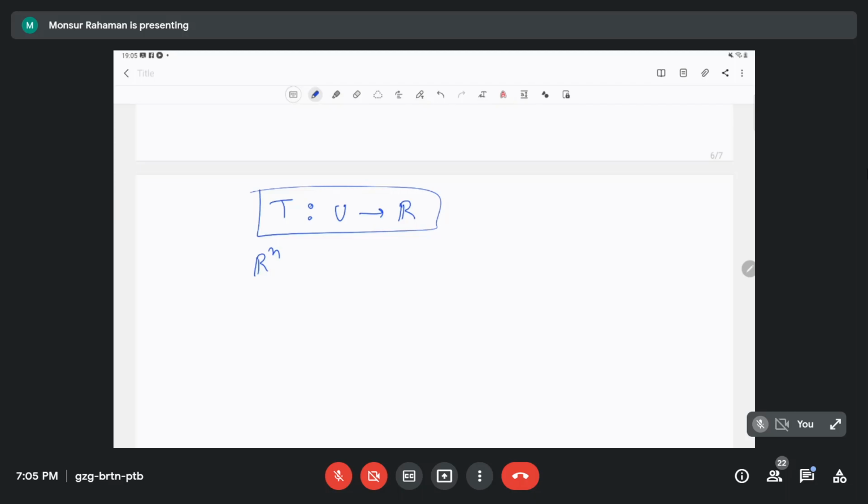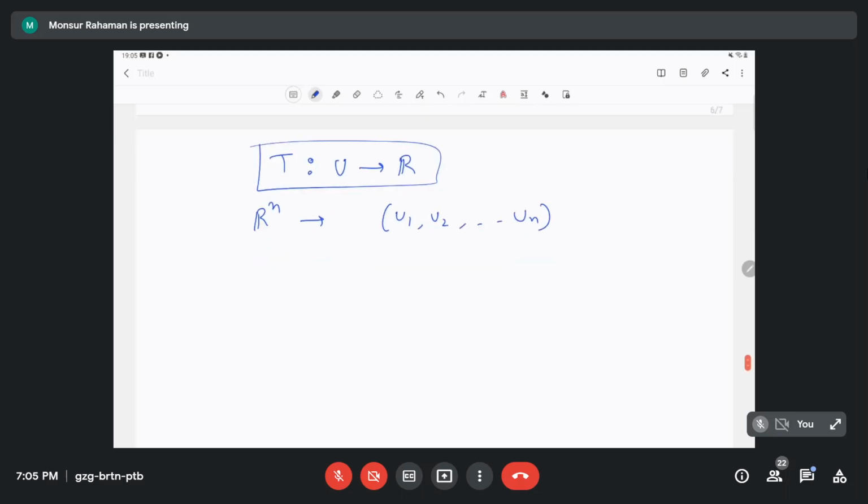N dimensional means you can choose n vectors which can represent any vector from Rn. With the help of these n vectors, you can represent any vector from Rn. So let's choose a basis v1, v2, up to vn.